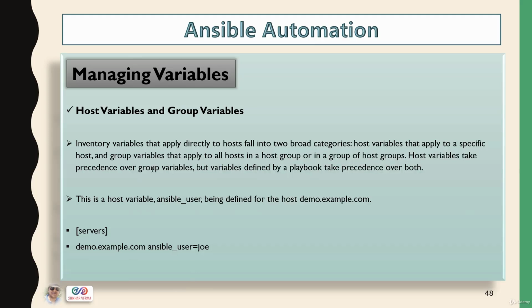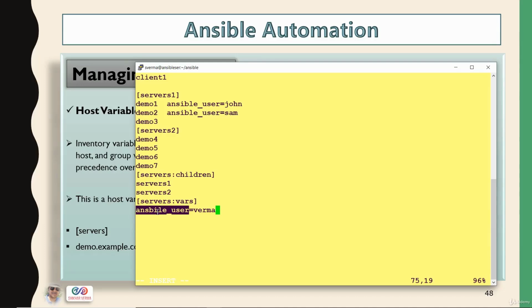A few things you have to keep in mind. The first, let me read out: the host variables take precedence over the group variables. So what does this mean? Here you can see I have defined this variable, and the same variable is also defined at the host level, that is ansible_user equal to John. So if the same variable is defined at the group level as well as at the host level, which variable is going to take precedence?